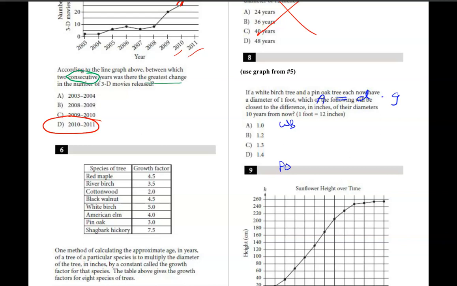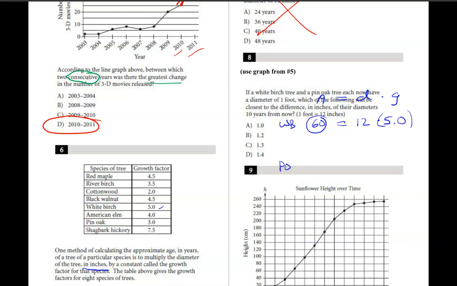So remember the diameter, it said, had to be in inches. So we know the diameter is 12. We know the growth factor for the white birch is 5.0. So it looks like our white birch right now is about 60 years old.